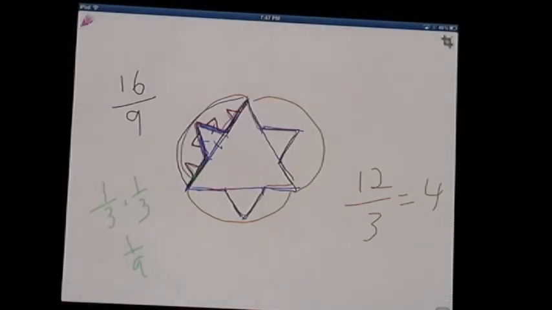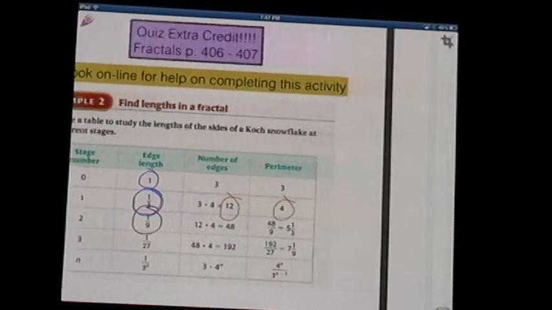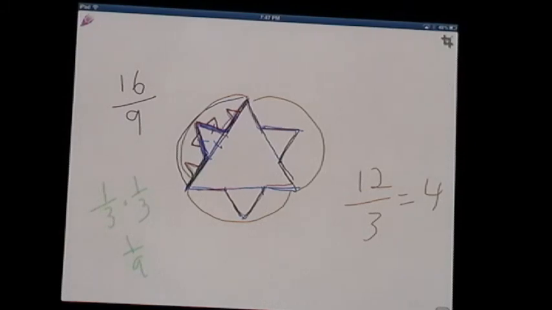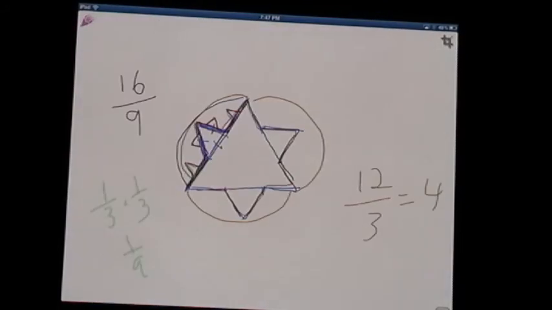Now the number of edges. They've done 12 times 4, which is 48. What I would have noticed is that there are 16 along each side, and 16 times 3 is 48, so we have 48 of them.